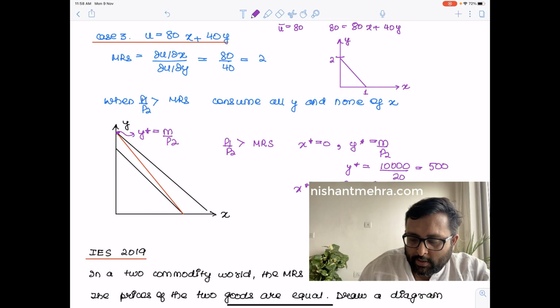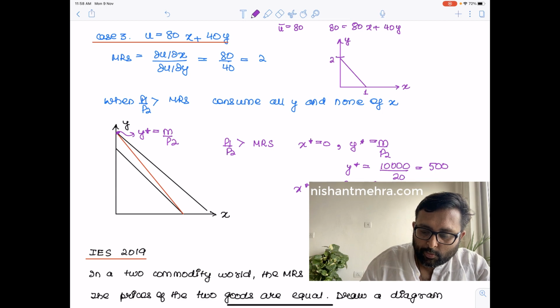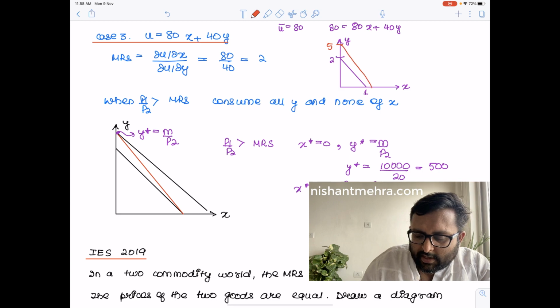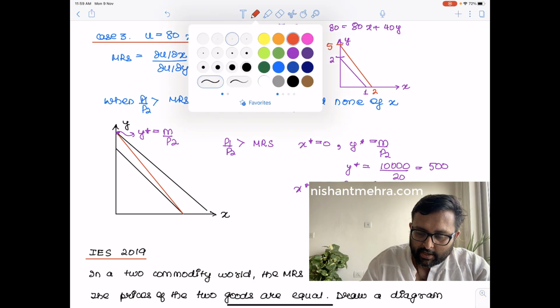And what is the slope of the budget line? Slope of the budget line, beta? You had 5 here, let's say, and you have 2 out here. Something like this. 2.5. You'll ask yourself, what is the highest indifference curve? Is this the highest one?